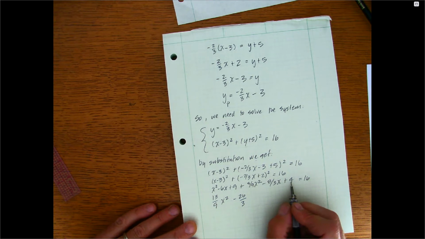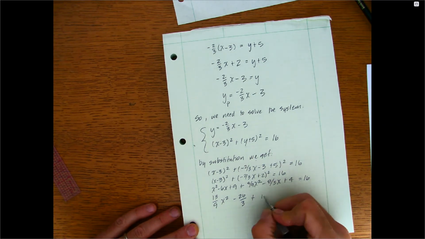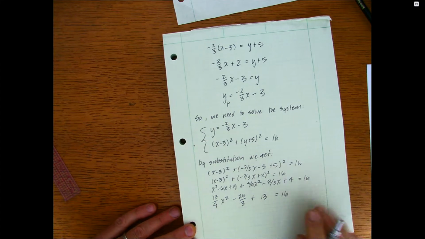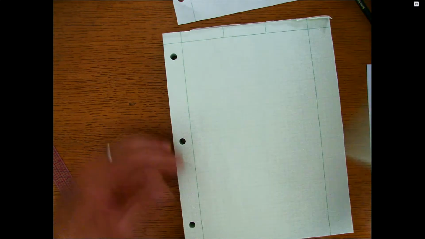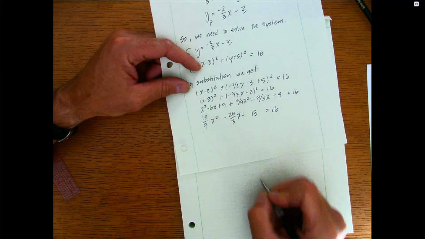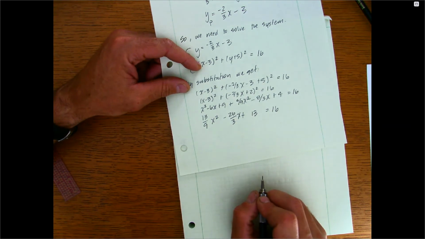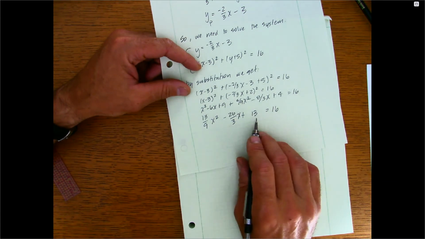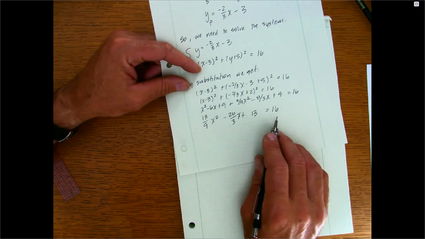And then plus 9 plus 4 is 13, equals 16. I recognize now that I'm getting a quadratic, and that means we could probably use the quadratic formula to solve it. So let's try to set it equal to 0 and use the quadratic formula.